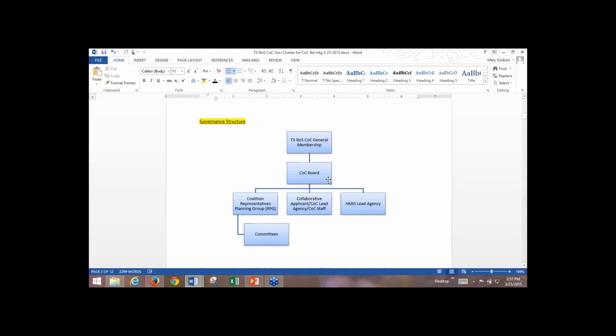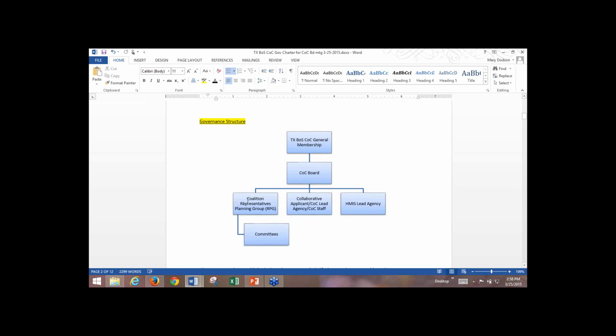And then under the board, there's an official, what we're calling right now, Coalition Representatives Planning Group. And just like it sounds, those people will be representatives from local homeless coalitions who work together and may form committees, or probably will form committees, to do a lot of that day-to-day work of operating and planning for the COC.